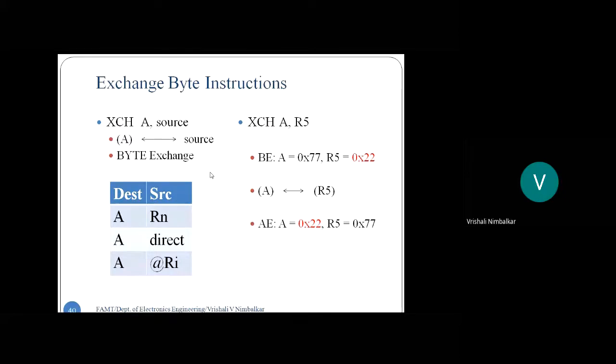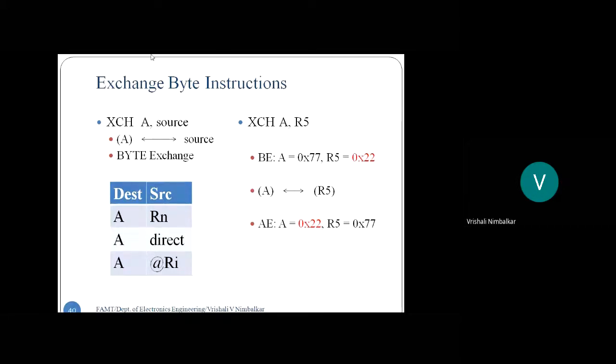Whereas exchange is take from the source, put it in the destination, take from the destination, store it back. So exchange is a two-way data transfer, right? See the arrow, it is bidirectional. It is a two-way data transfer. Whereas up till now, whatever instructions we saw were unidirectional. Pick from the source, store it in the destination.